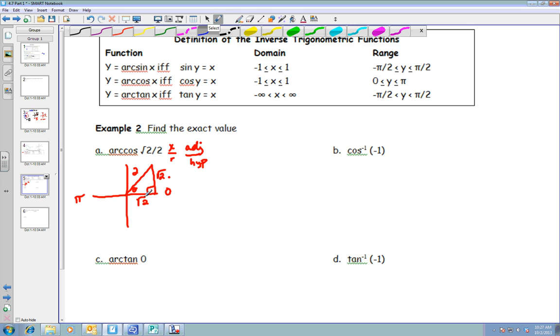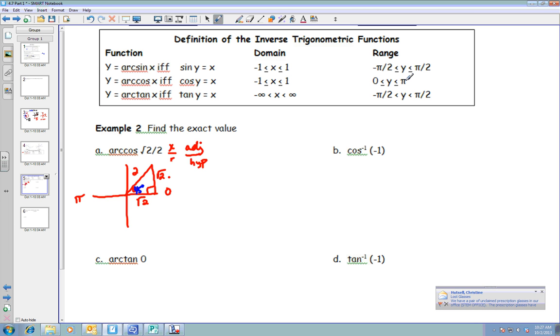Since my two legs are the same, I must have a 45-45. So that means that this angle right here is 45 degrees. Okay, so can I leave it named as 45? Yes, because my answers have to go between 0 and pi, or 0 and 180. So 45 degrees is pi/4, and that's my answer.